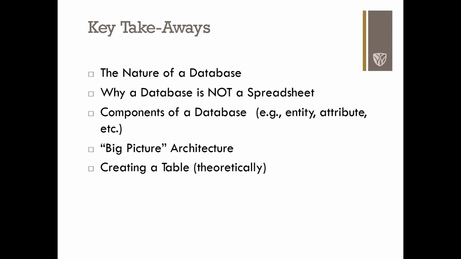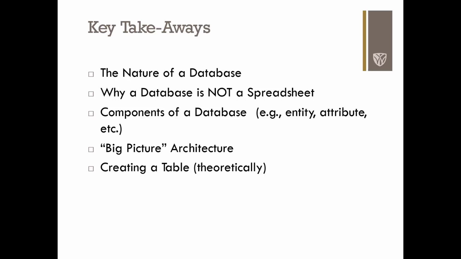So, just a few takeaways from this part of the module. The database is designed for storing and retrieving data, keeping track of something. A database is not a spreadsheet. So again, a database allows you to maintain relationships as well as data. We learned some components of a database. So each database contains some number of entities.